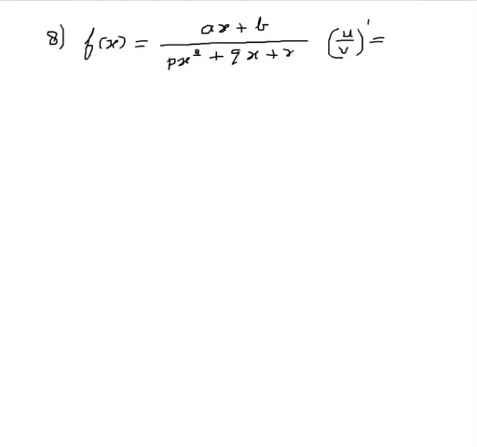Question 8. f of x is equal to ax plus b divided by px square plus qx plus r. We will be using quotient rule here. u by v, the whole dashed, is u dash v minus u v dash divided by v square.